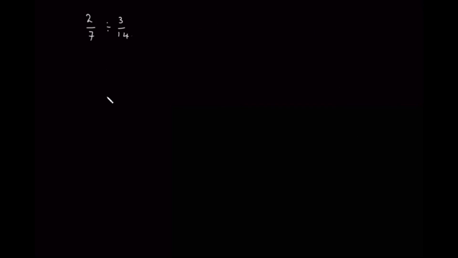What the shortcut method is doing, it's actually changing that one into 4 over 14. It's converting it such that the bottom numbers are the same. The shortcut method converts that, but it does it all in one go.